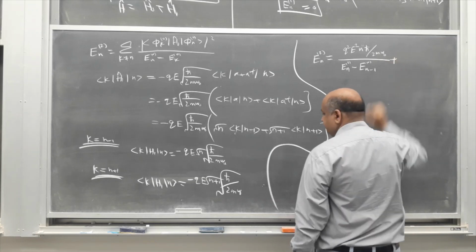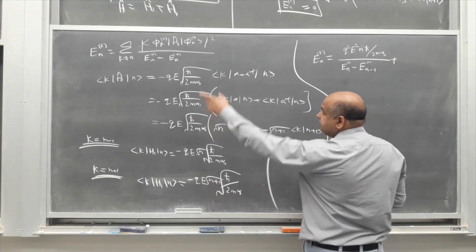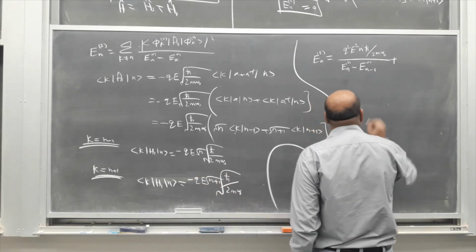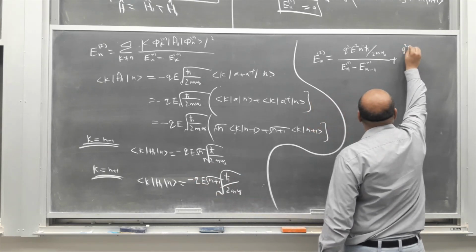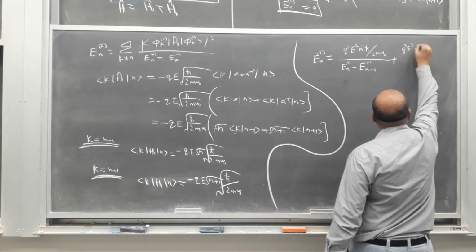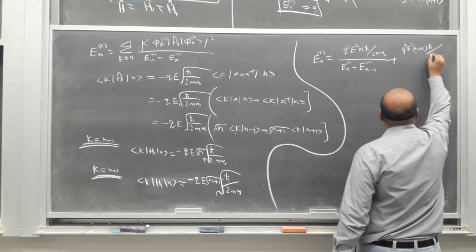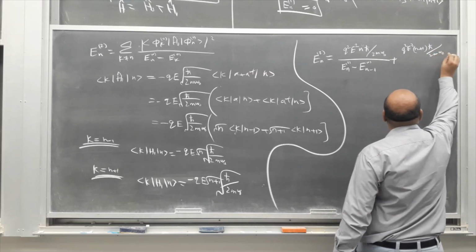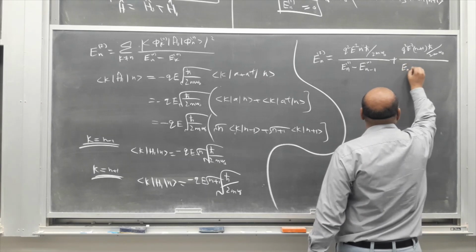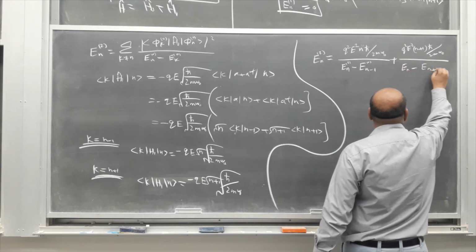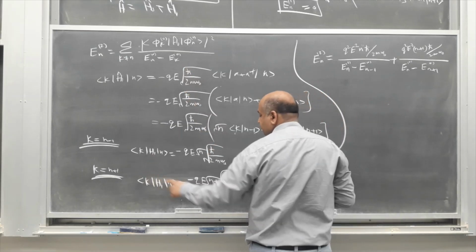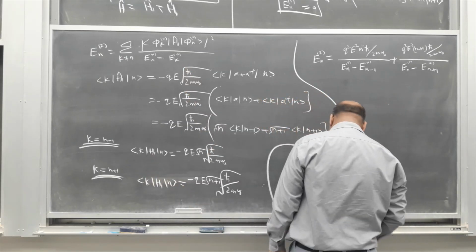Plus the next non-zero term, for k equal to n plus 1. We take the square of this, which is q²E² (n+1) ħ/2mω0 over E_n minus E_{n+1}.